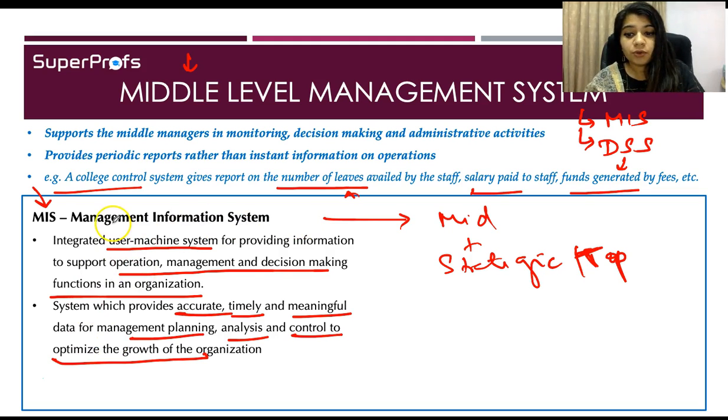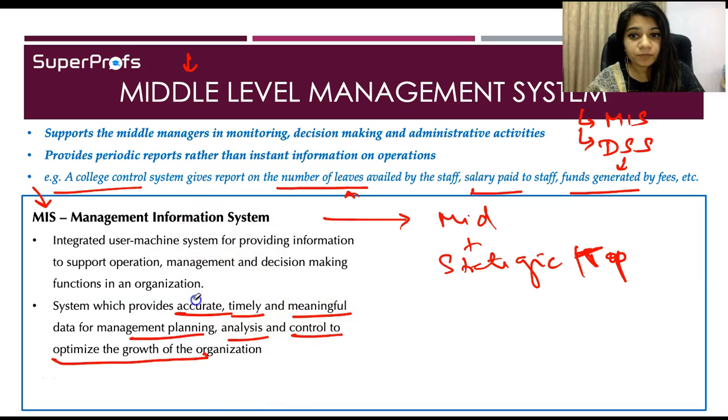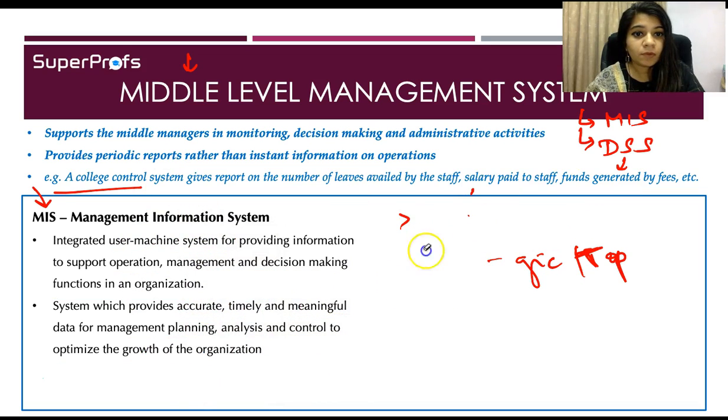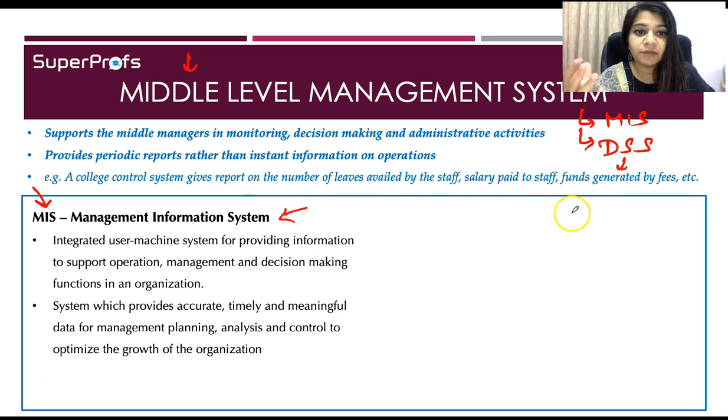Okay, so how we will remember this is, this is very important, so you need to remember it. All right, so first of all, try to understand what this is. You can remember by the name itself that it is used by management level.